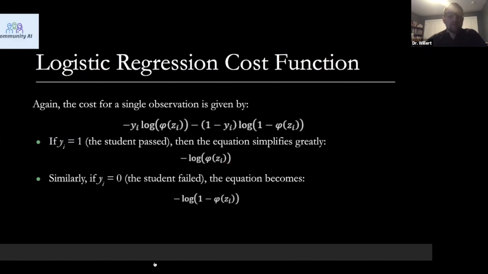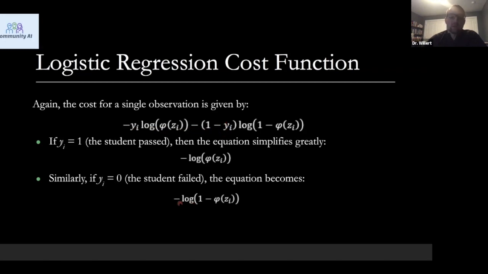On the other hand, imagine y sub i equals 0, so the student failed. Well, in that case, the first term disappears because we'd have 0 times the log of phi of z sub i. And again, we'd have 1 minus 0, so that coefficient of the log term just becomes 1.